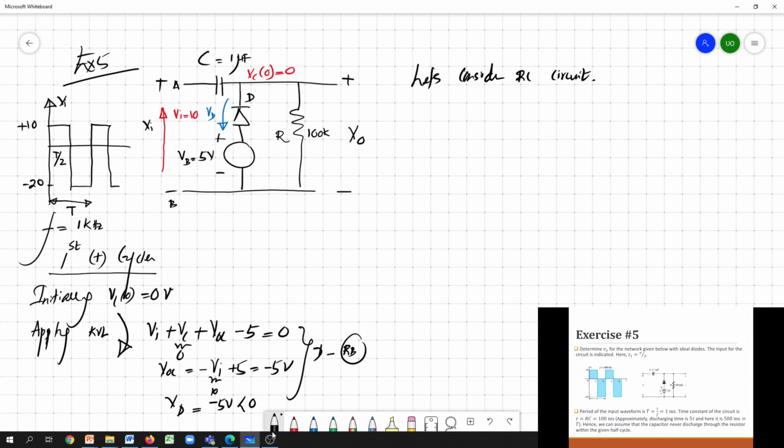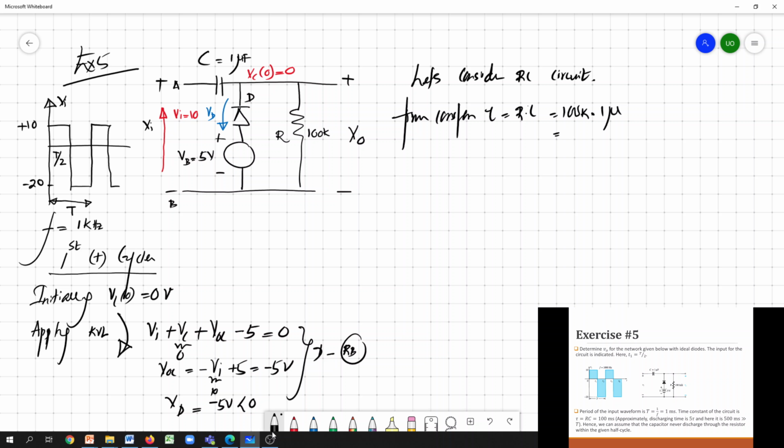Okay, so we have a 1 microfarad capacitor and a 100k resistor. What about the time constant? Tau is the product of R and C. R is this and C is this.